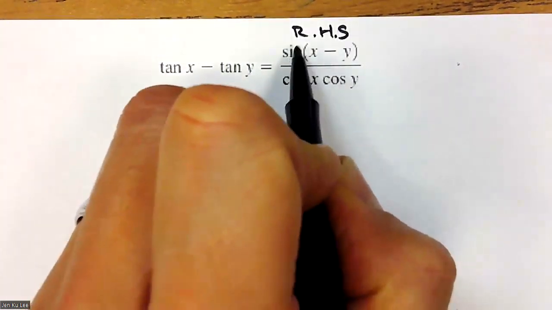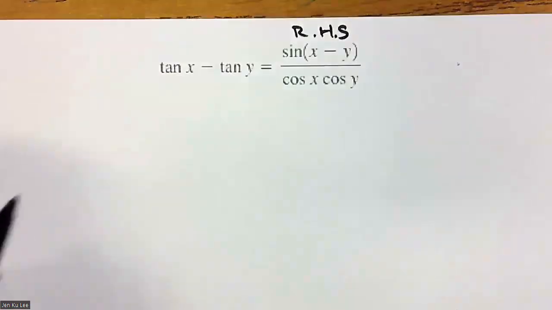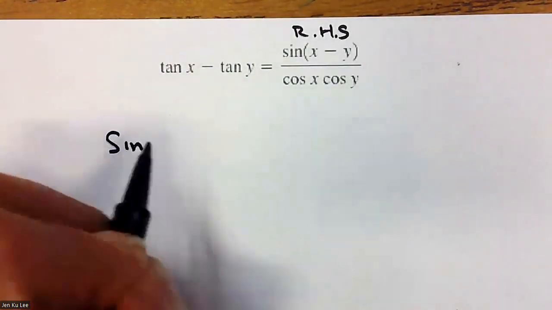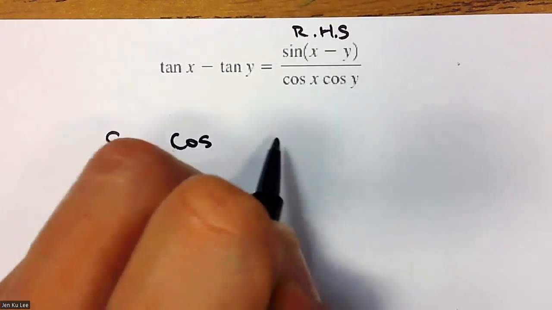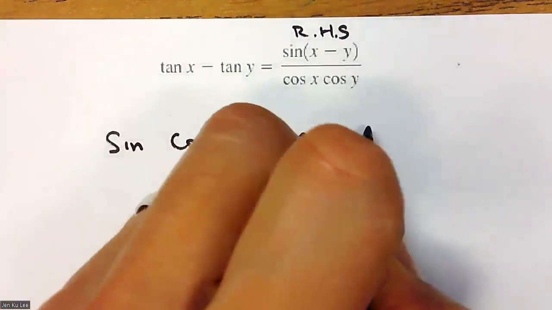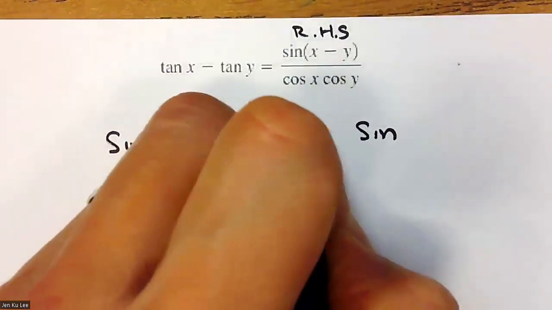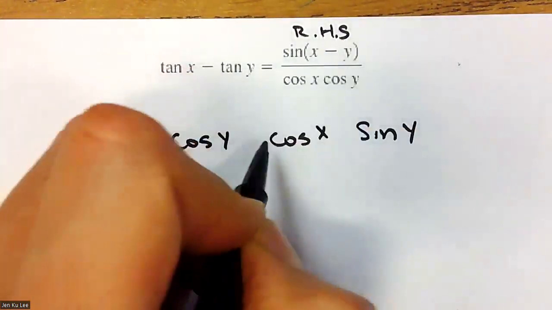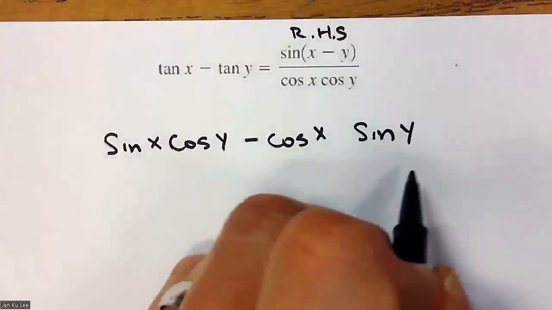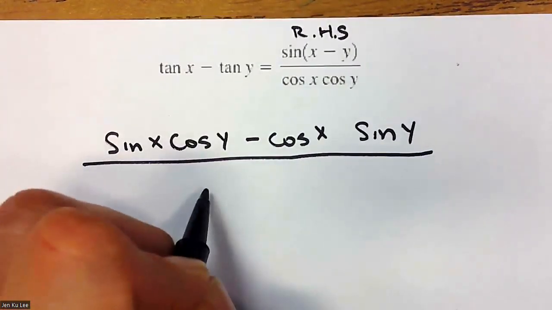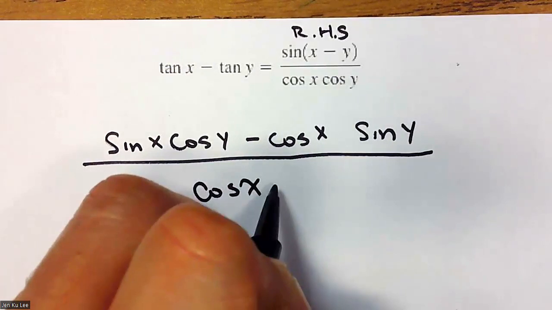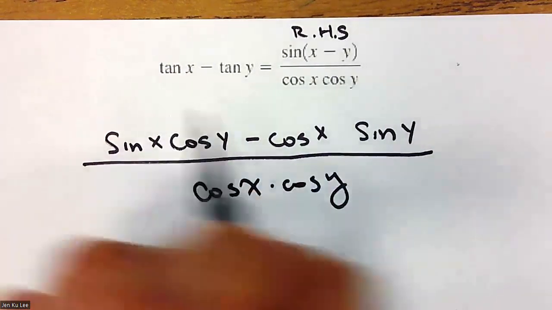So since this is the difference formula for sine, remember sine can't change signs, right? So sine of x cosine y minus cosine x sine y, all over cosine of x times cosine of y.